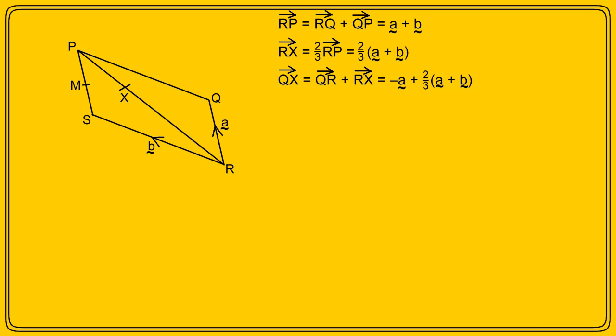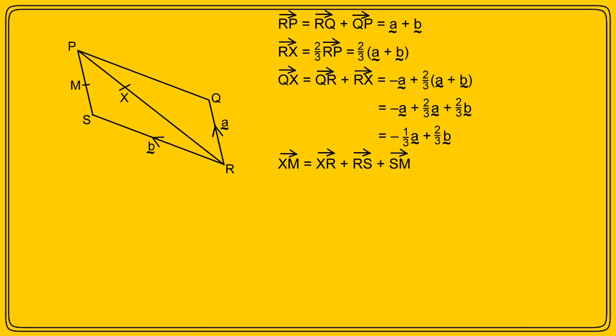Vector QX is vector QR plus vector RX, which is minus a plus 2/3 of (a plus b), and that's equal to minus a plus 2/3 of a plus 2/3 of b. We've simply multiplied out the bracket there. And then juggling the fractions, that's equal to minus 1/3 of a plus 2/3 of b. So that's QX found.